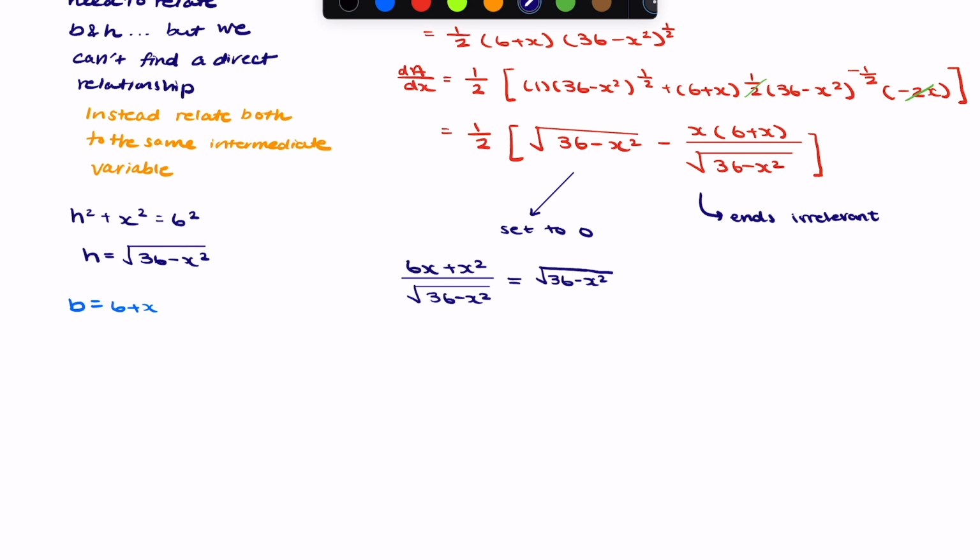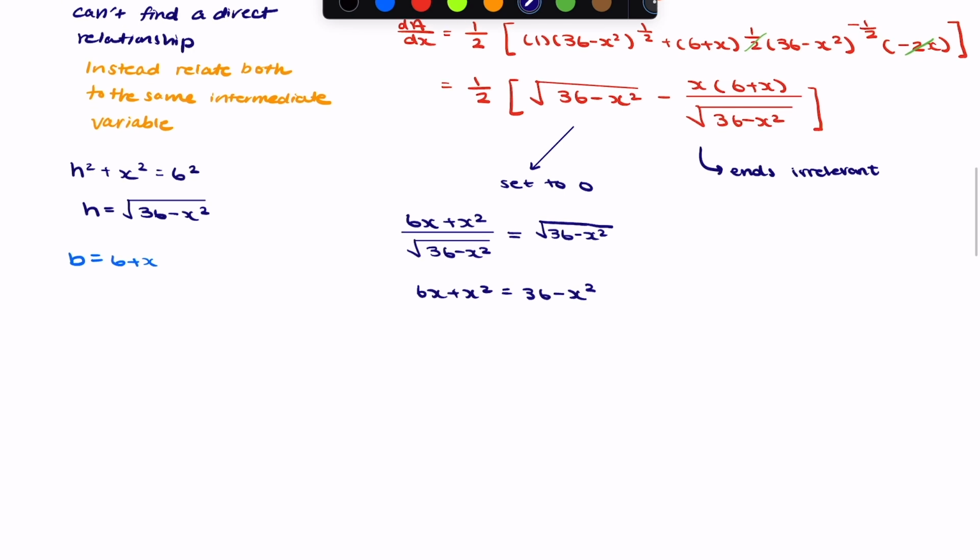So if we multiply the square root of 36 minus x squared over, we'll be left with 6x plus x squared is equal to 36 minus x squared. And so let's move everything to one side, make it equal to 0. So here we have 2x squared plus 6x minus 36 is equal to 0.